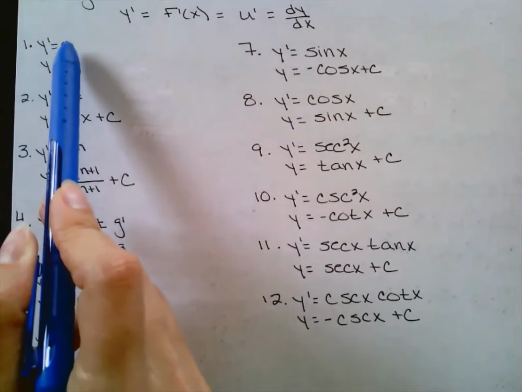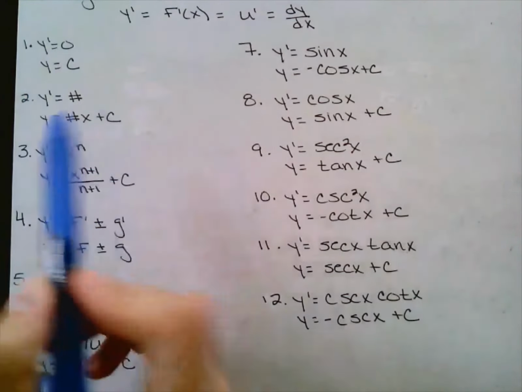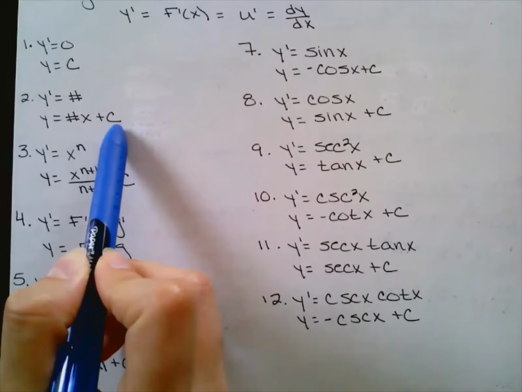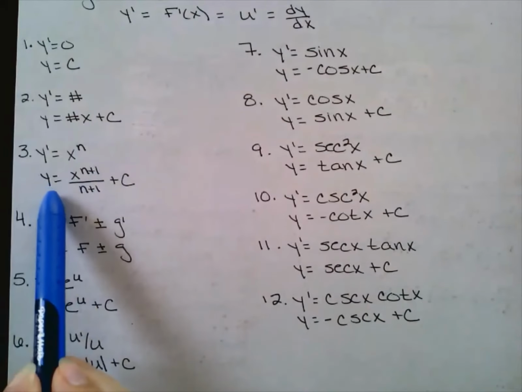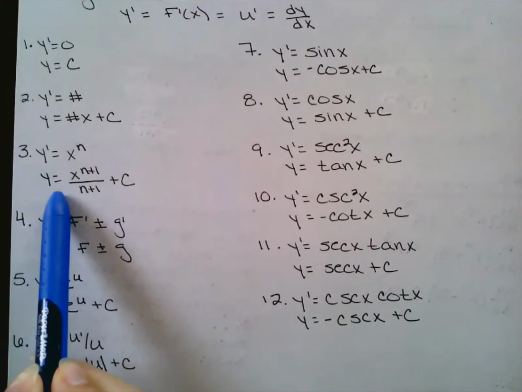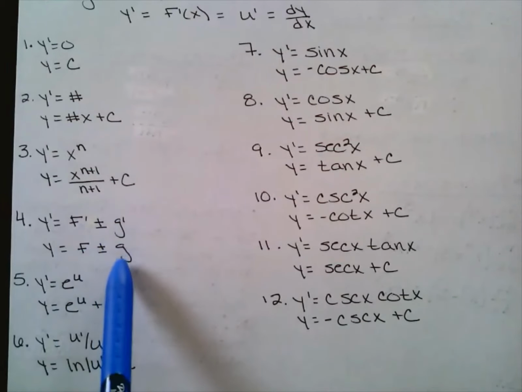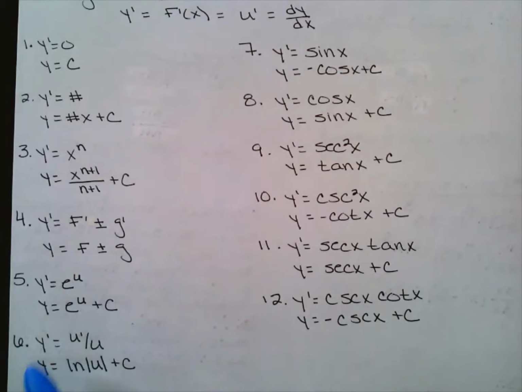The antiderivative of 0 is a constant. The antiderivative of a number is that number x plus a constant. Here is that reverse power rule that we already saw. Whenever you're working with multiple terms, you just solve one term at a time. Again, terms are separated by addition or subtraction.